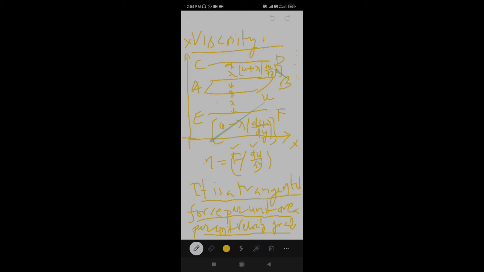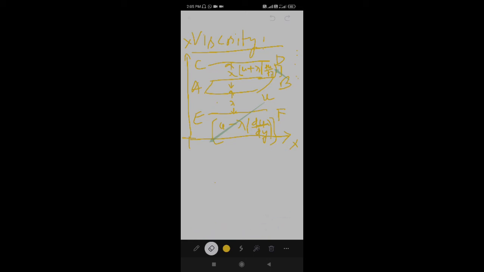Now let us try to derive the expression for eta from kinetic theory. This is a formal definition. We want to express this eta in terms of the properties of the given gas. Now we are going to get the formula for eta from the kinetic theory of gases.